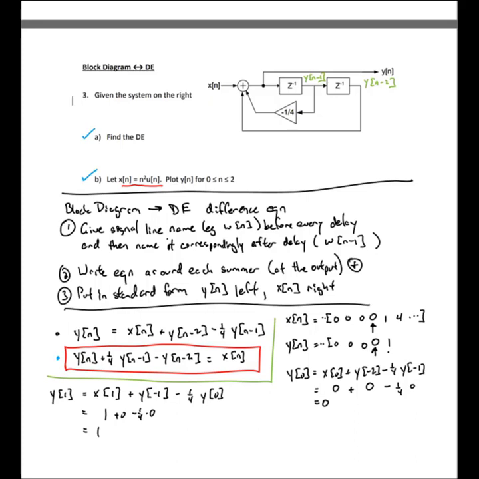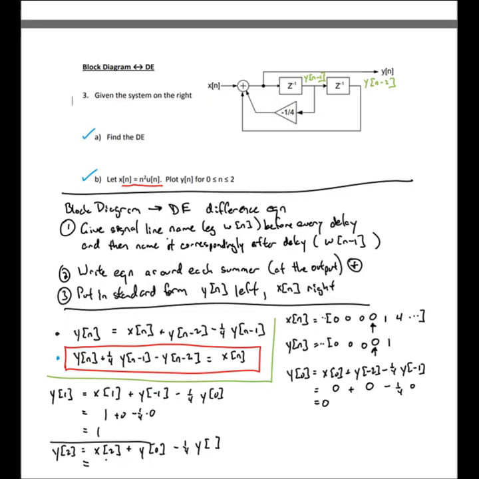And you can continue this on for the next one too. Y of 2, again from our top equation, is going to be x of 2 plus y of 0 minus 1/4 y of 1.